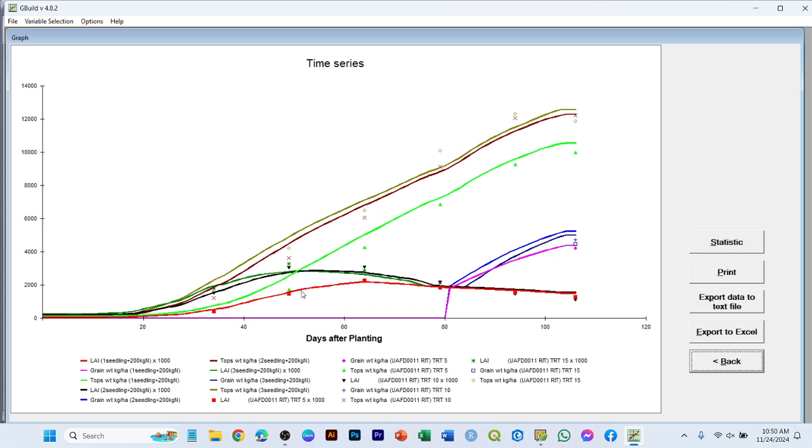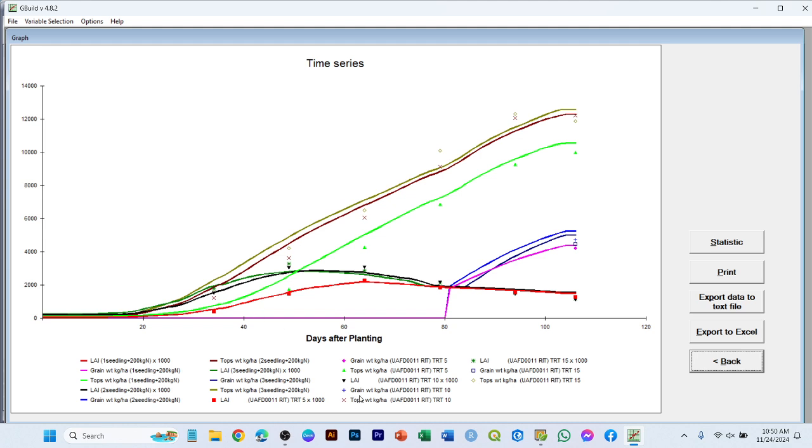Accordingly, if you go for the grain yield, this one, and tops grain weight kg per hectare. So what is the difference? Who will tell me? Actually, we selected two treatments, treatment 5 and treatment 10.